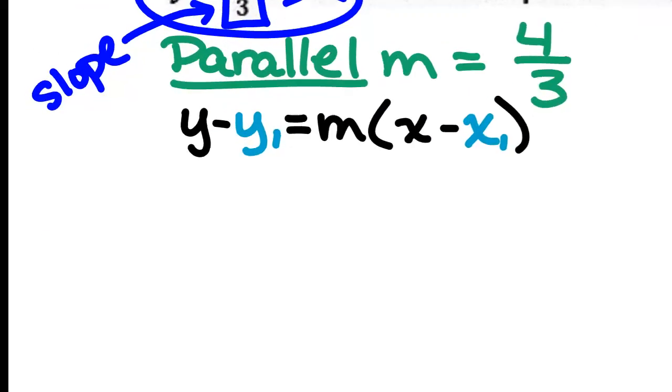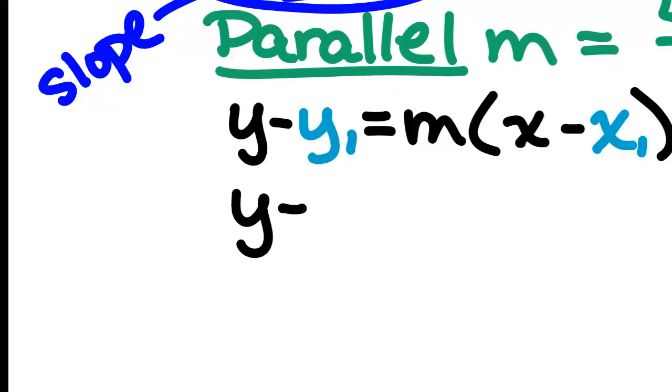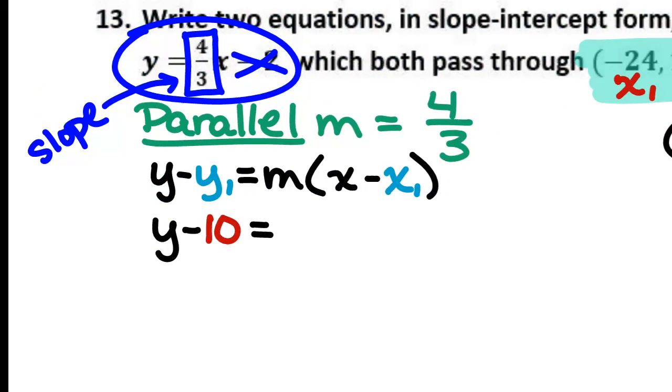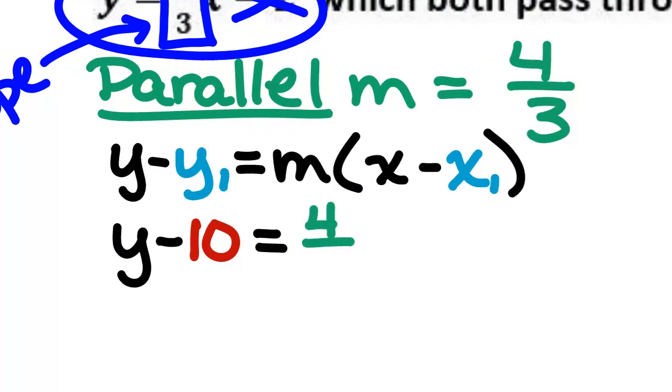So we're going to substitute in now. y minus, what is my y1? 10. So I put 10 in here for y1. Equals, what's the slope that we want? 4 over 3. And then parentheses, x minus, what's my x1?